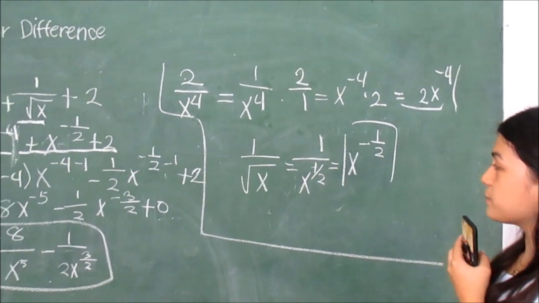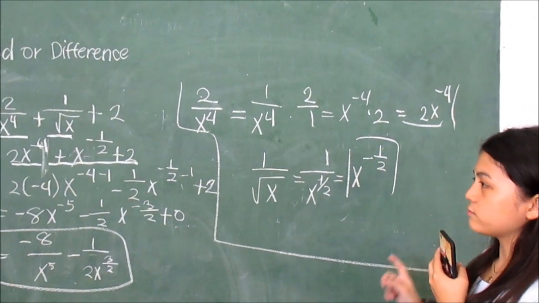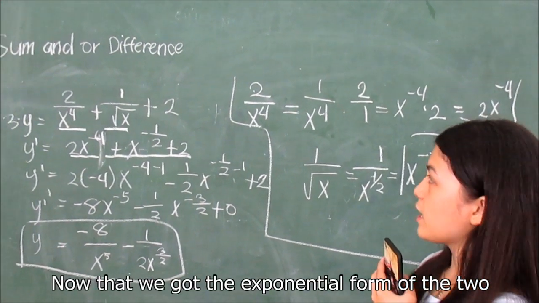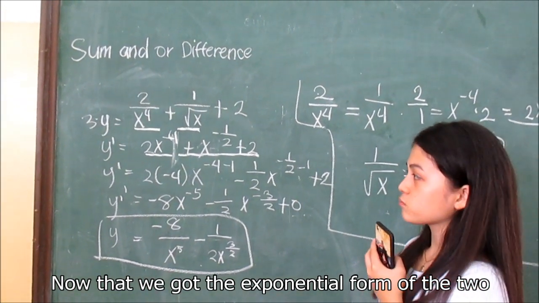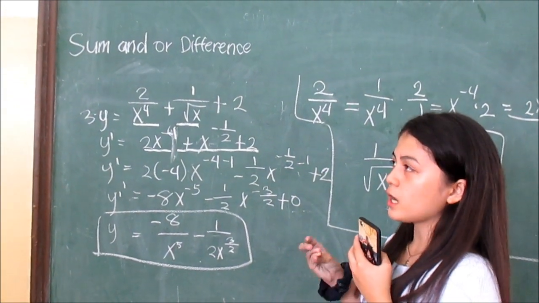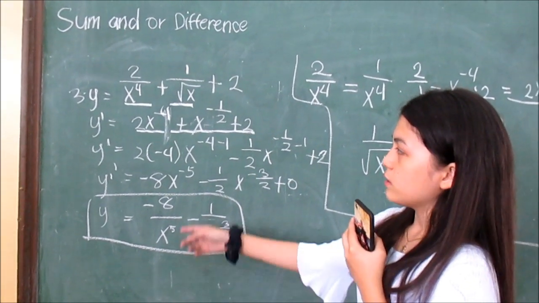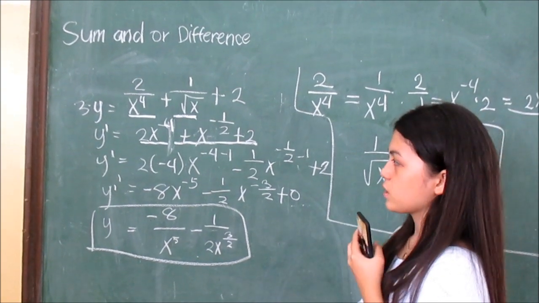So now, this becomes x raised to the negative 1/2. Now that we have the exponential form of the two, we proceed to the next process.